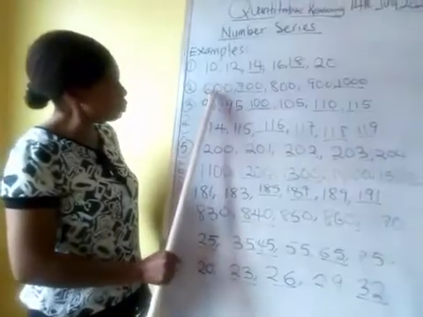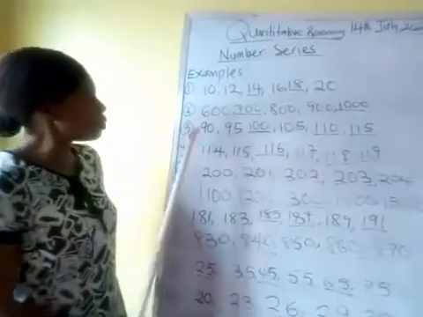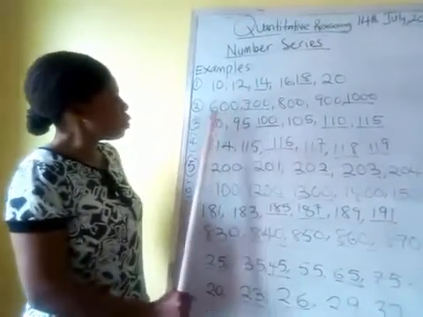We have 600 and a dash, we have 800, we have 900. Now, what number is in between 600 and 800?